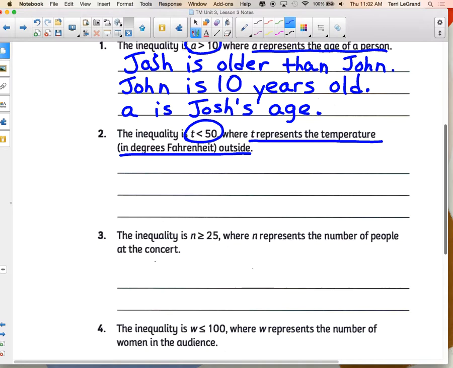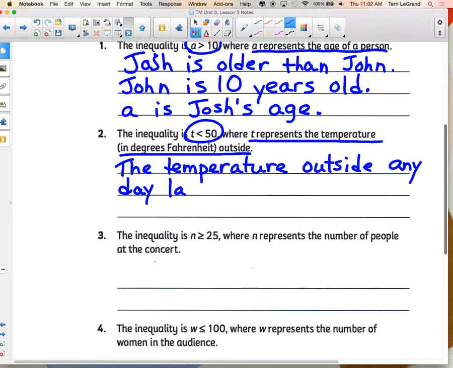Okay, somebody got one now? We'll try again. Okay, I'll do one then for you. The temperature outside any day last week.